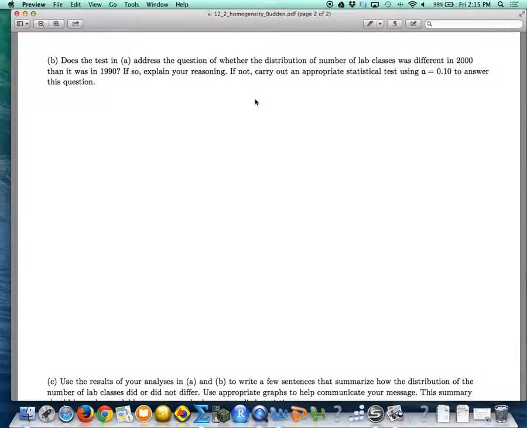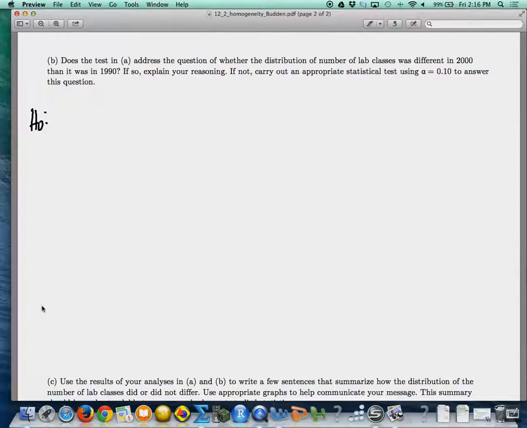So, chi-square test for homogeneity is carried out exactly the same way as a chi-square test for independence. All that changes is how you write the null and the alternative and the name. That's it. So we're going to carry out part of it, we're not going to do all of it. So the null in this case. Basically the way this test works is you assume that one distribution are the true values. So I'm taking 1990 as my true values and comparing it to 2000.